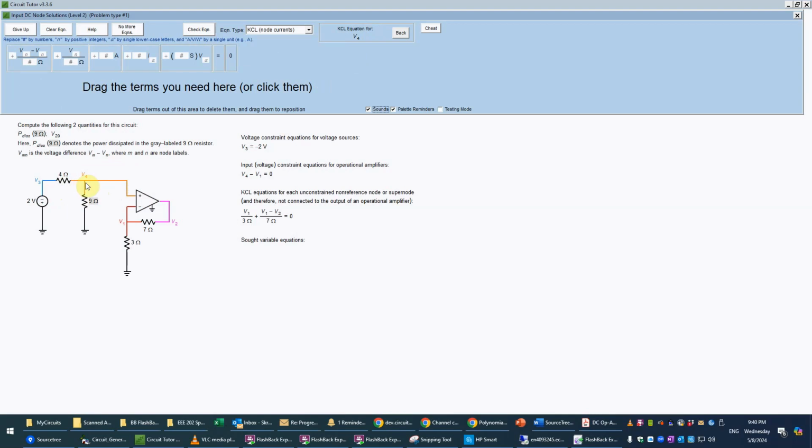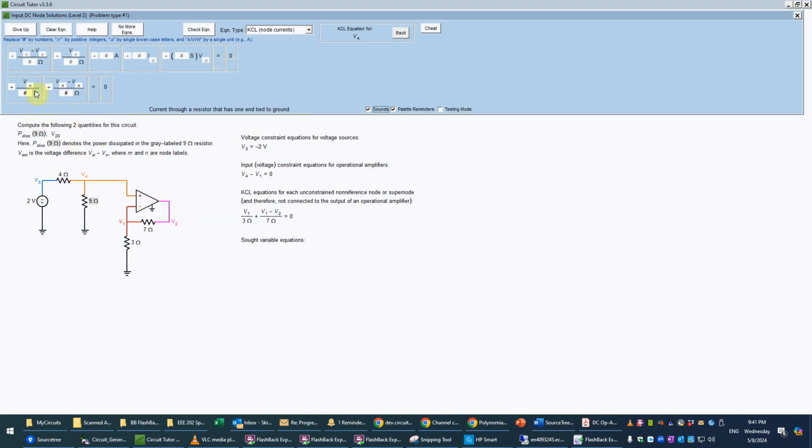Okay, so adding the currents that leave that node, there's really only 2, one going down through the 9 ohm, so we'll use that term here, 1 node voltage, and then the current going to the left through the 4 ohm, so that'll be a difference in node voltages divided by the resistance. And again, there is no current here because that's just the nature of an op amp, and so we don't have to include that term. We just set this equal to 0.